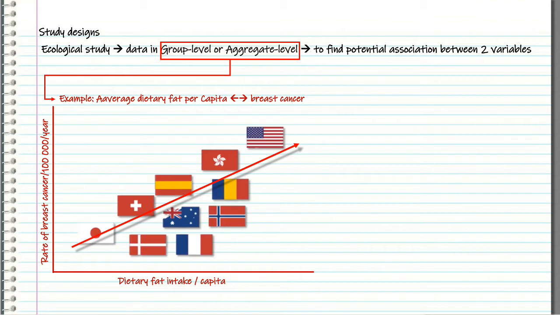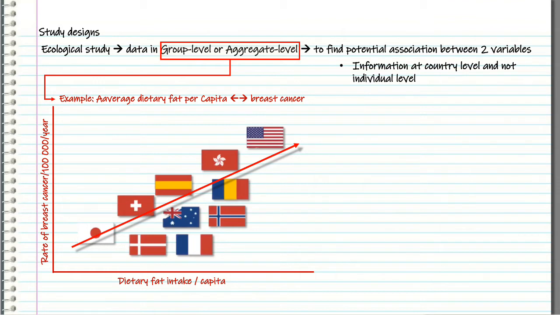We can start to think that in this information, which is at country level and not individual level, maybe these two are related to each other. But we are talking about association, and we cannot find the causality.